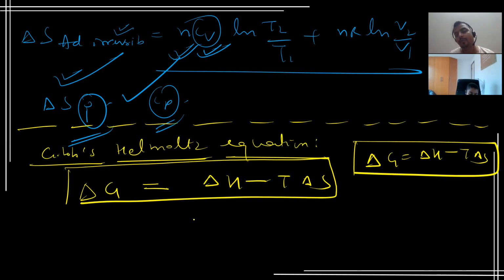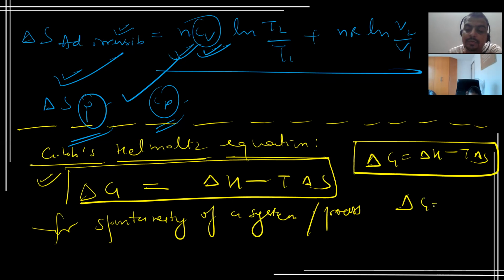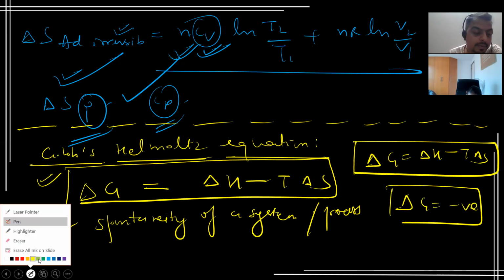This is the fundamental equation. And for spontaneity of a system or any process, delta G should be negative.